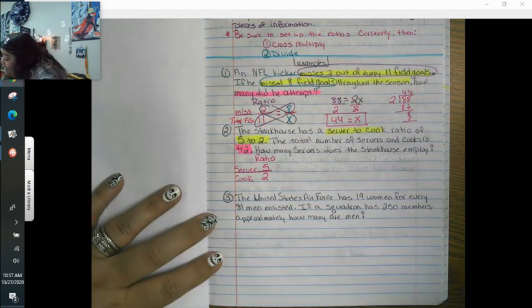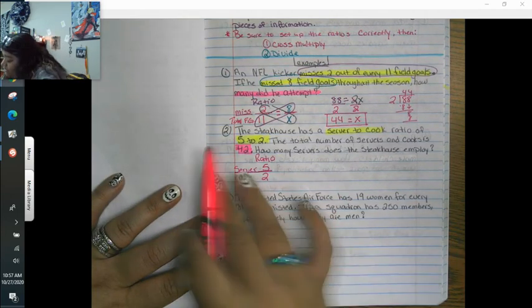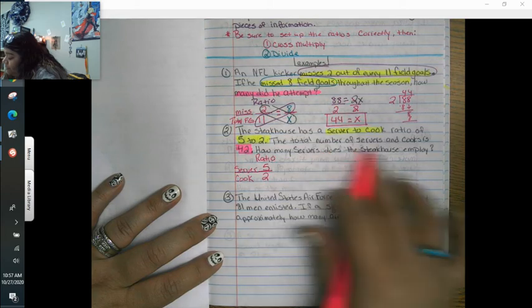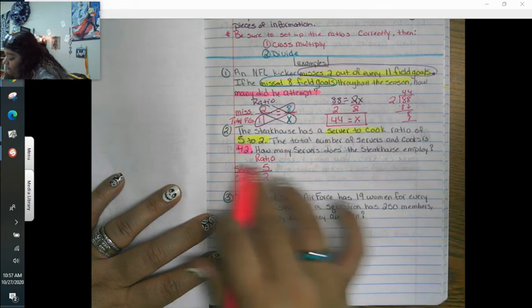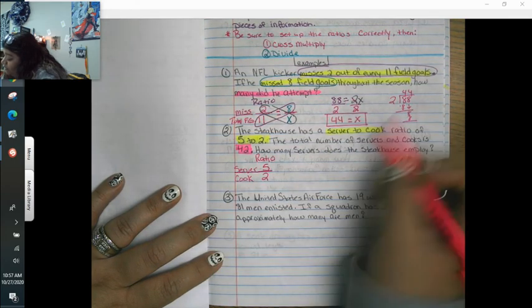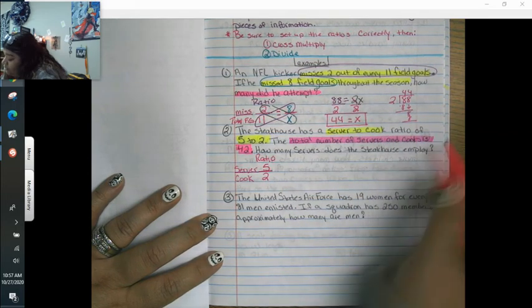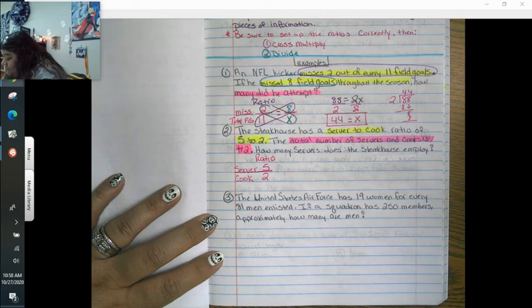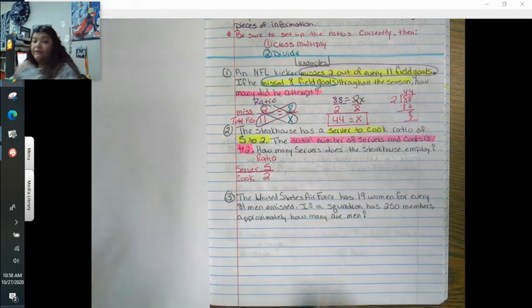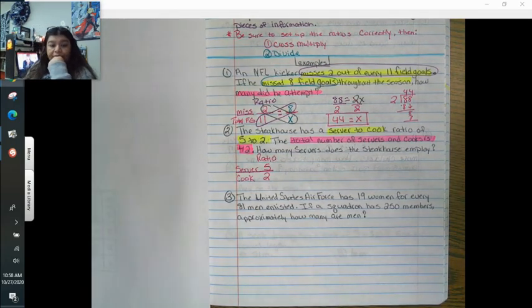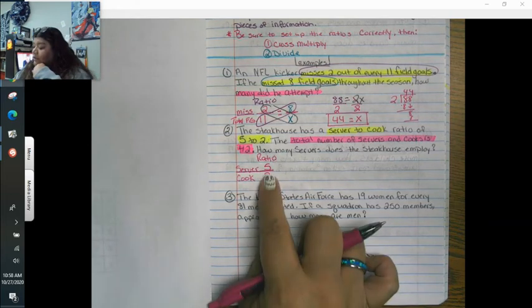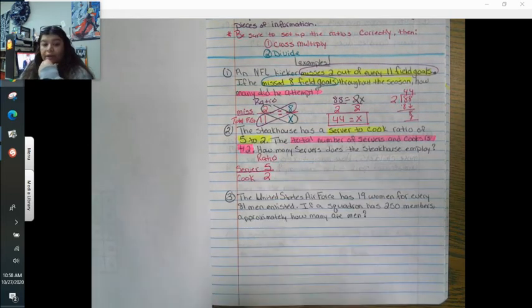Okay, got that. Now let me keep on reading and figure out what this 42 is. The total number of servers and cooks is 42. So we're asking for the total number of servers and cooks is 42. All right, so let's look here. I don't have a total. Is there a way I can figure out the total of my ratio here?